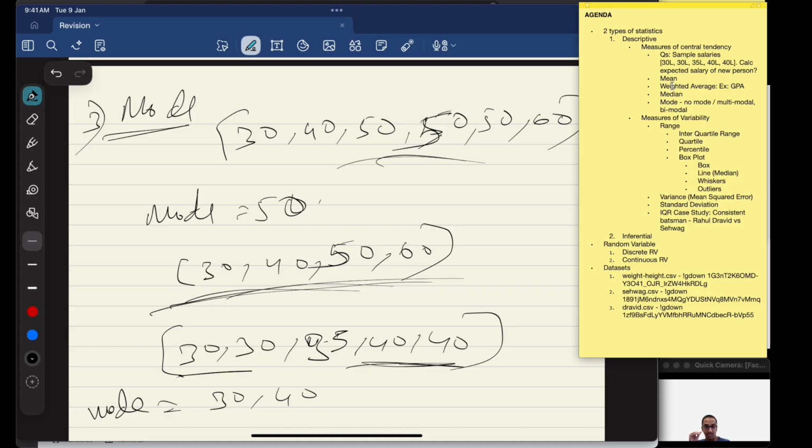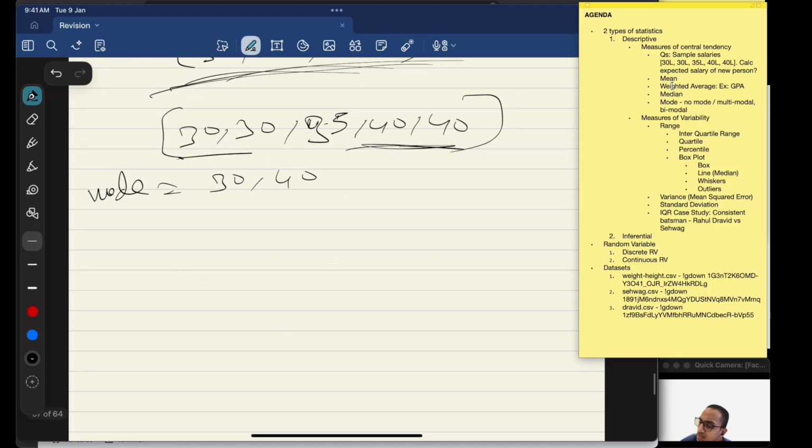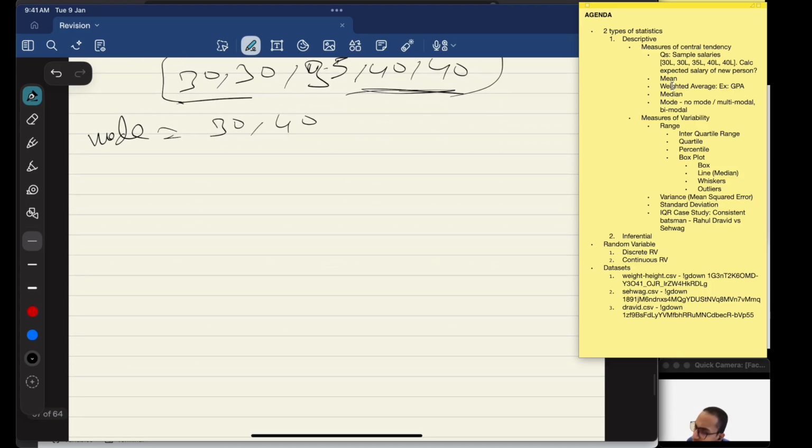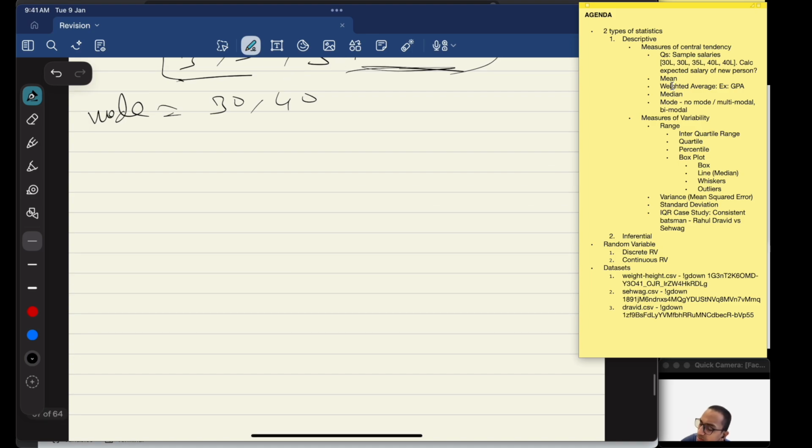That's the idea. You want to find out the most frequently occurring element within that data set. So that's the idea there. I don't think I'm missing anything. Anyway, let's move on.